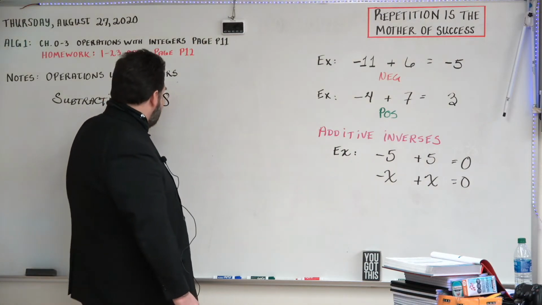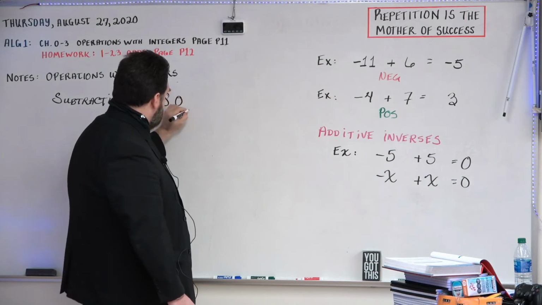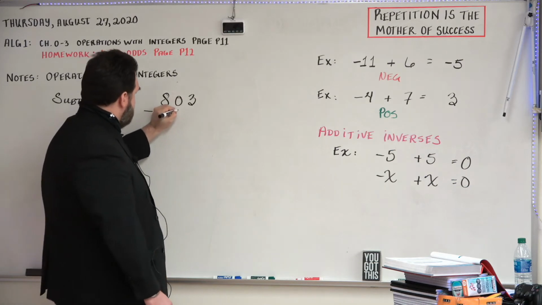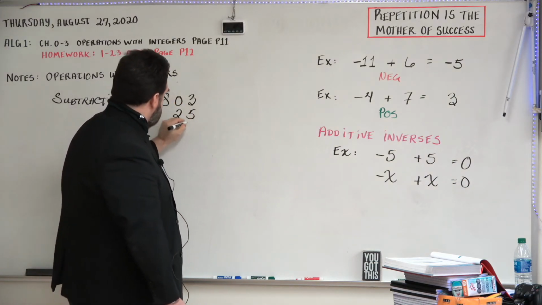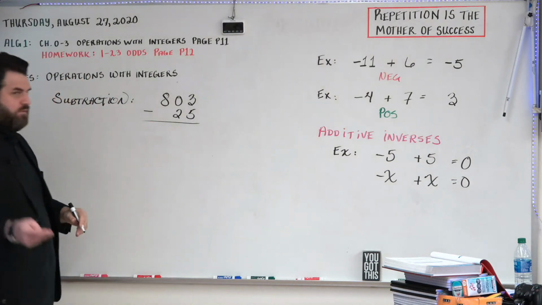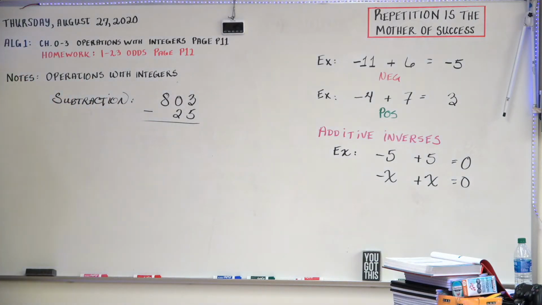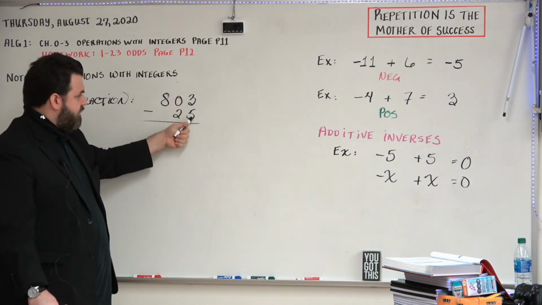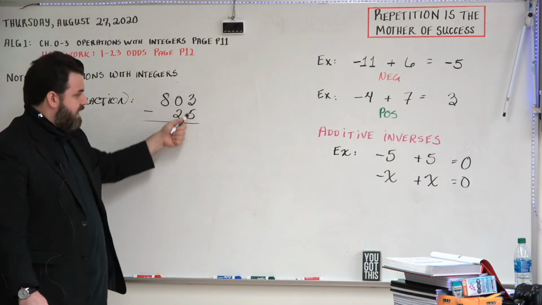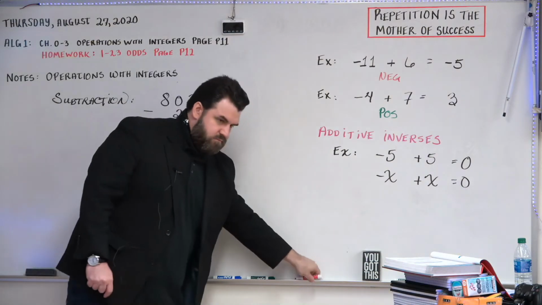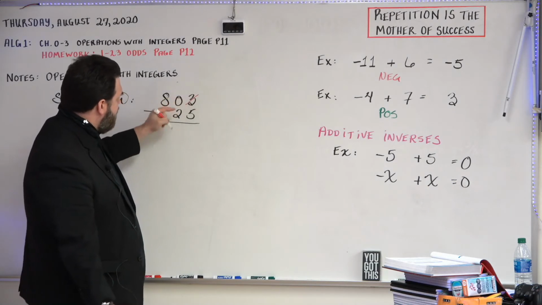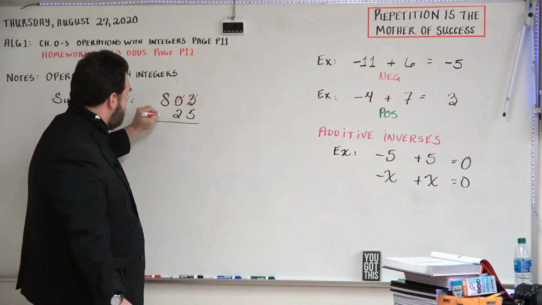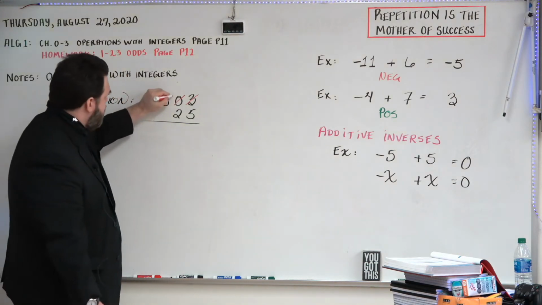So we'll take 803, and we'll subtract from it 25. Okay, now we're not going to do this in our heads. We'll actually perform the subtraction. So I can't take 5 away from 3, so I have to borrow, right? And I go over here, and uh-oh, that's a 0. So I have to go one more over. Now what do I do with the 8?